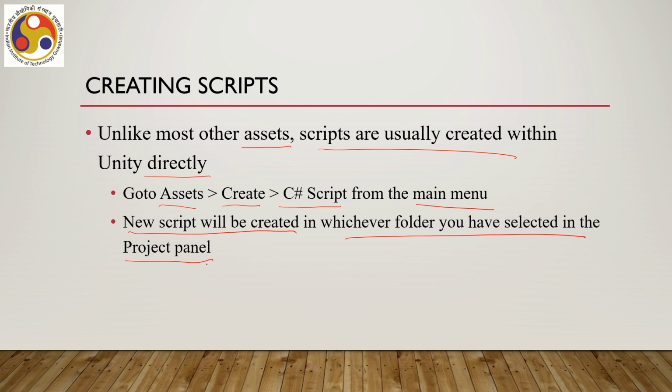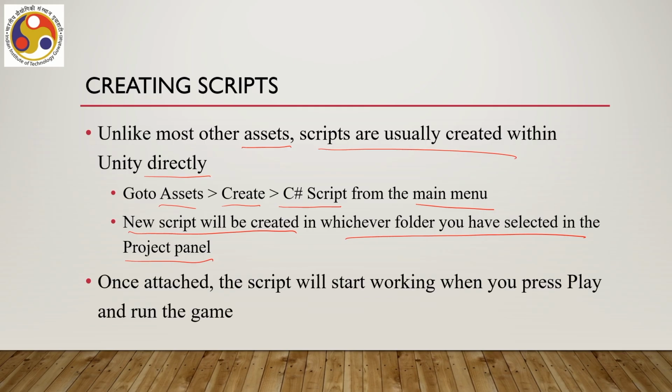So, when you start a project, you select a folder and the script will be placed in that folder itself. Once the script is attached to the game object as per your design or development, the script will start working whenever you start executing the game.